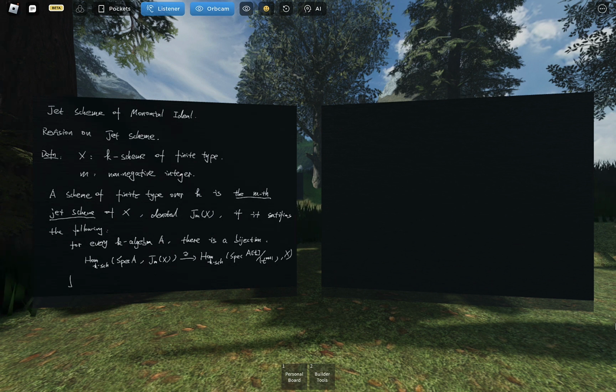And moreover, this bijection is functorial in A. In order for this definition to make sense, we need to show this jet scheme exists. If it exists, then it's unique up to a canonical isomorphism, and we have to construct it to show it exists.